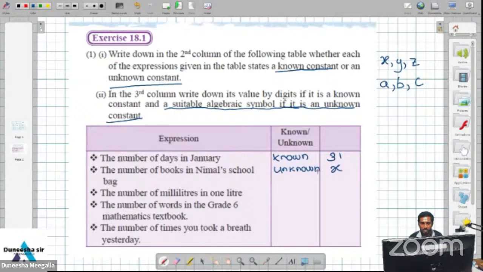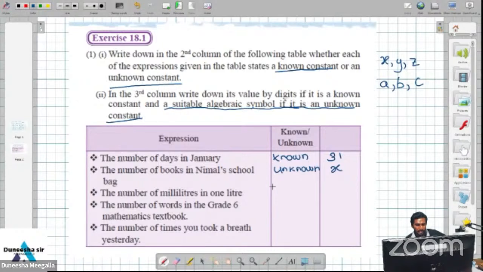Okay. Third one මොකක්ද? The number of milliliters in 1 liter. Do you know? 1000 milliliters. It's known or unknown? Known.